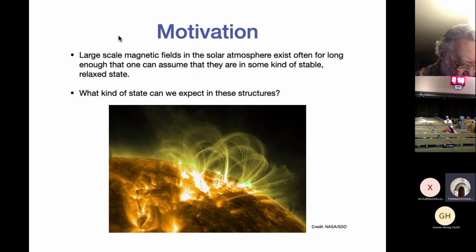Right, so what is the motivation here? I have here a picture of the solar surface or the solar atmosphere. What you see is an X-ray image of the solar corona and the faint structures of loops. This is very, very hot plasma, which is aligned with the magnetic field lines.